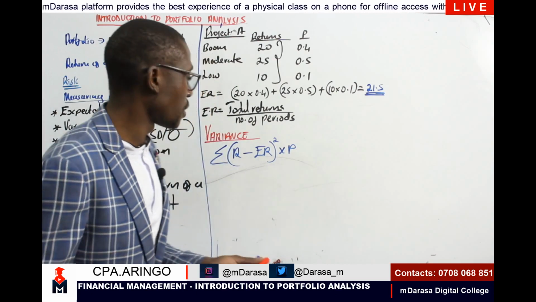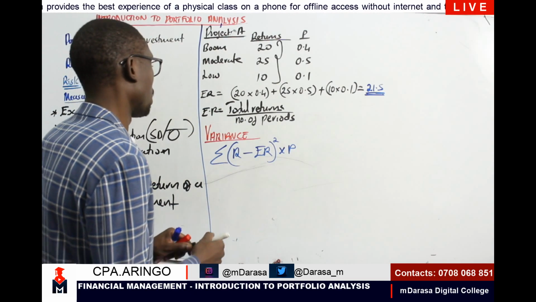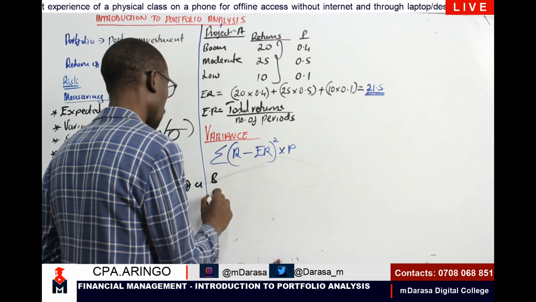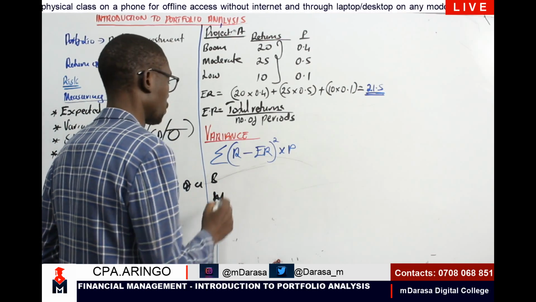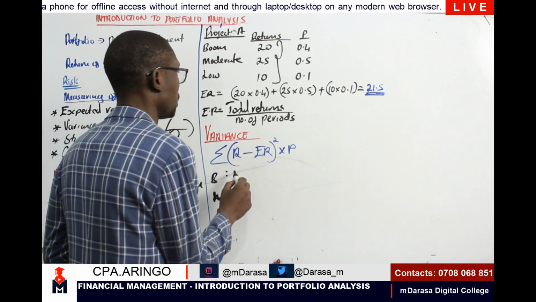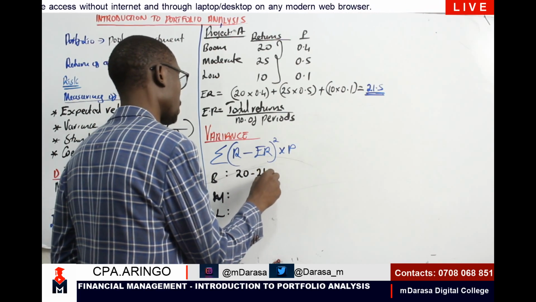So in this event of ours, if we were to compute our variance, how would you have gone about it? In this case, I'm having 3 states: boom, moderate, and low. I could have determined my variance by taking my 20 minus expected, which is 21.5.